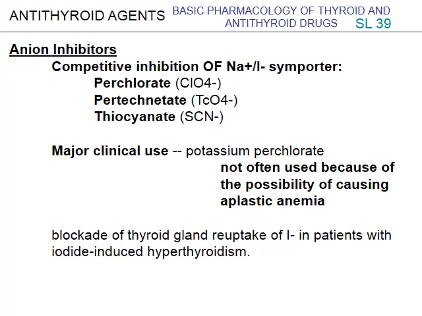The major one used clinically is potassium perchlorate, but even that is not often used because of the possibility of aplastic anemia forming in the patient. Blockade of thyroid gland reuptake of iodide in patients with iodide-induced hyperthyroidism is another use for these drugs.